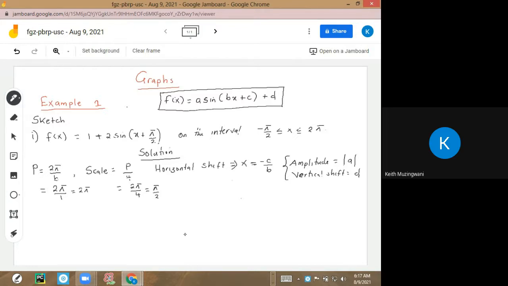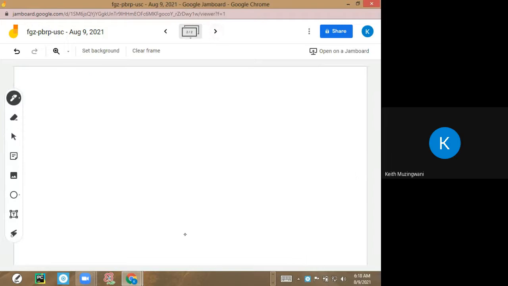Horizontal shift, we are saying it's negative pi over 2 over 1, which is just negative pi over 2. And then now you can sketch. So how do you sketch? Okay, you can just have a line.